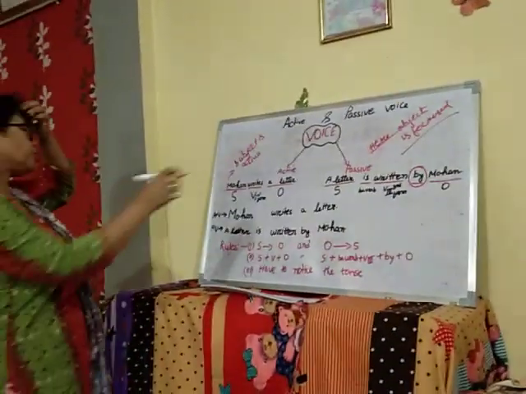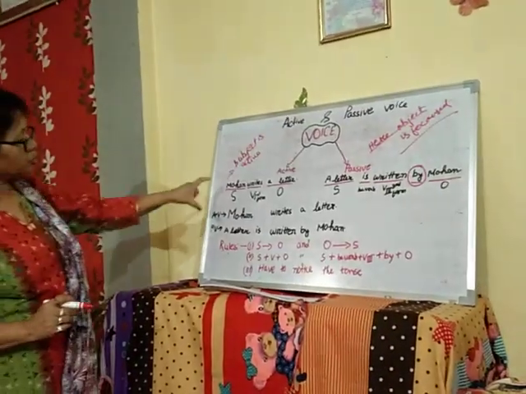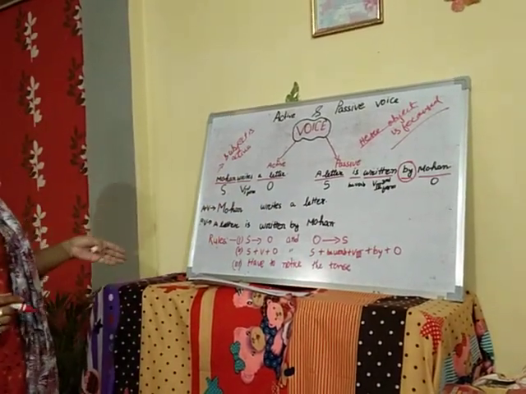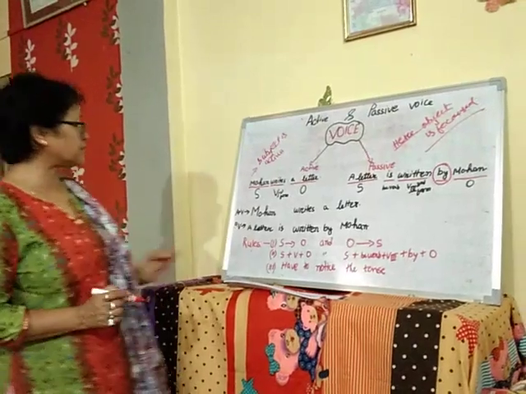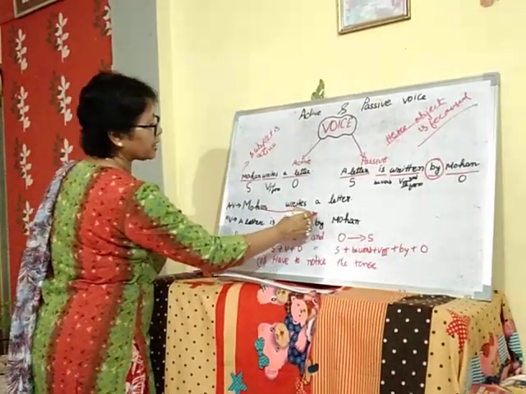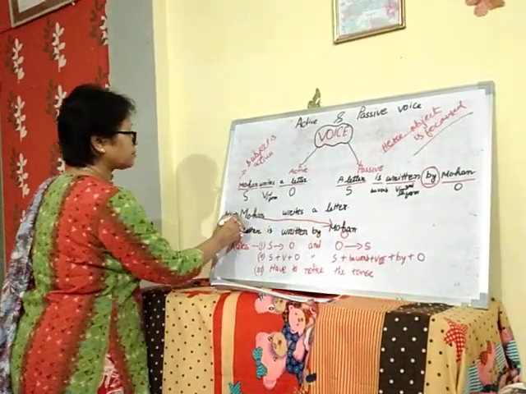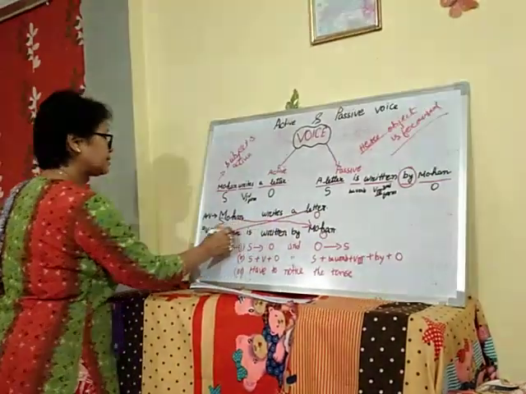So these two things we have to remember. Let me tell you in a broad way, so that it will make you understand more and make it easier to change one sentence from active to passive. Here you see, Mohan writes a letter. This subject becomes object, and this object becomes subject.